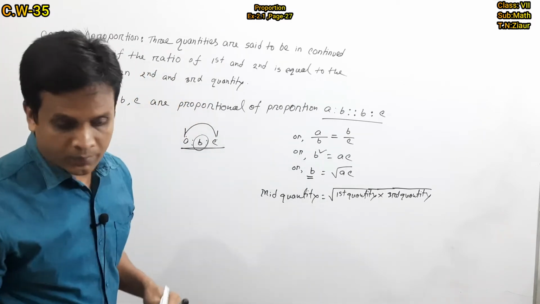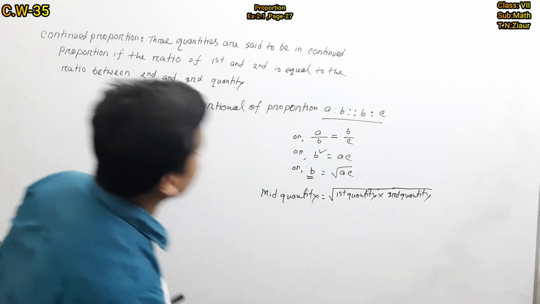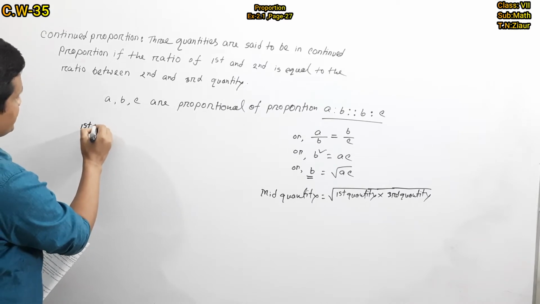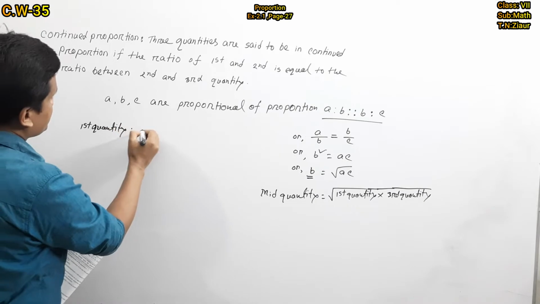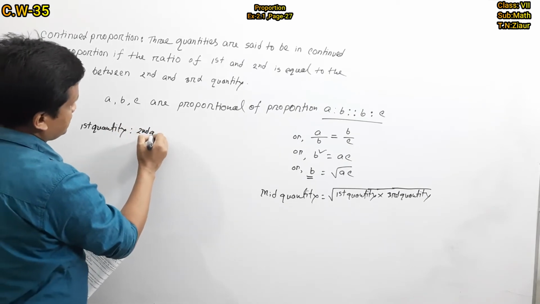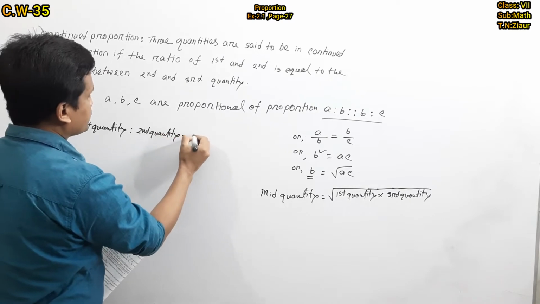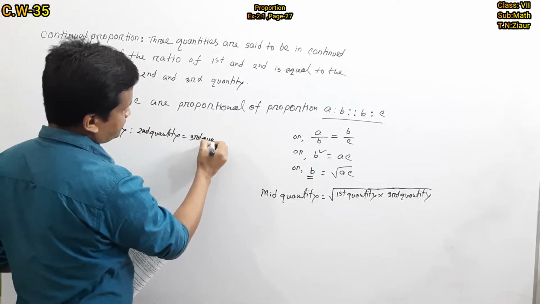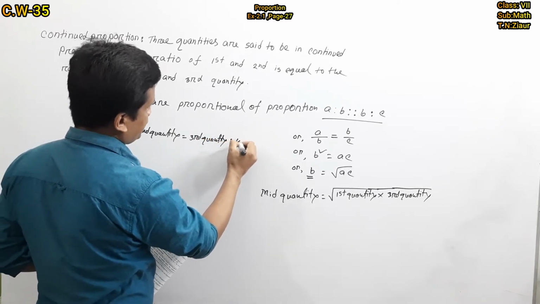Okay, now I am discussing another thing. Already we have discussed the proportion. So the first quantity is to the second quantity equal to the third quantity is to the fourth quantity.